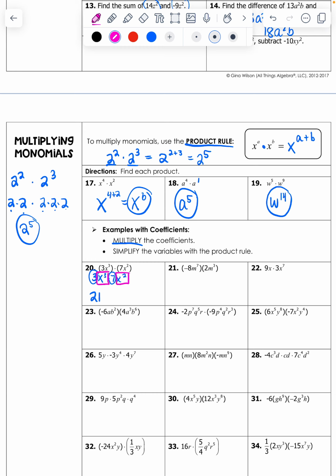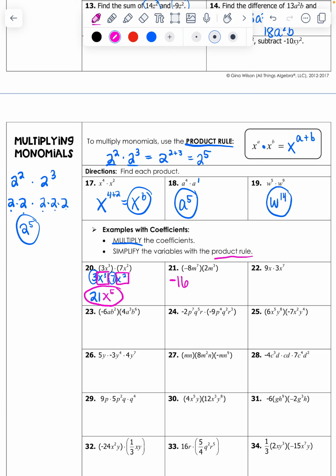The product rule says that when you're simplifying the variables, if the bases are the same, x to the third times x to the second, you keep the base the same and you add the exponents. This would be x to the fifth power. So altogether, 21x to the fifth power would be the answer to number 20. Number 21, we multiply negative 8 times 2, that's negative 16.